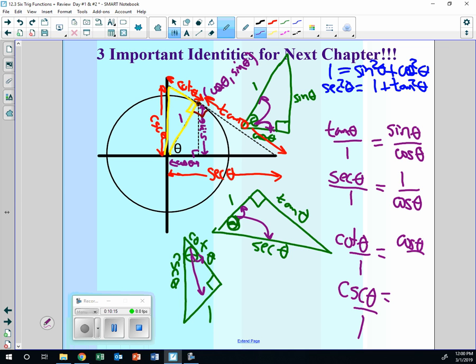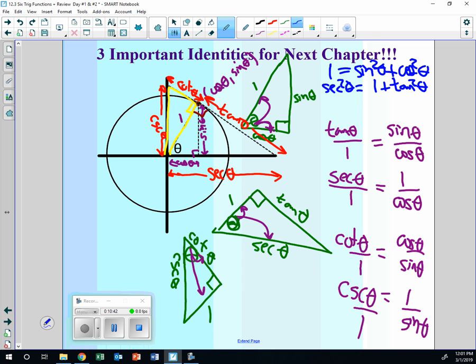So it'll be over sine theta. And cotangent is cosine over sine. It's also adjacent, which is 1 over opposite, tangent. It's also 1 over tangent, which you can kind of see. And then cosecant, the last one, hypotenuse, which is 1 over opposite, which is sine. Now you have the cosecant.